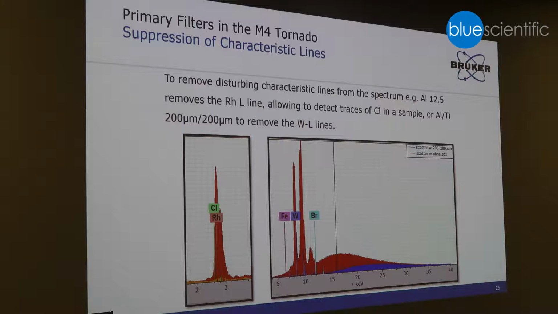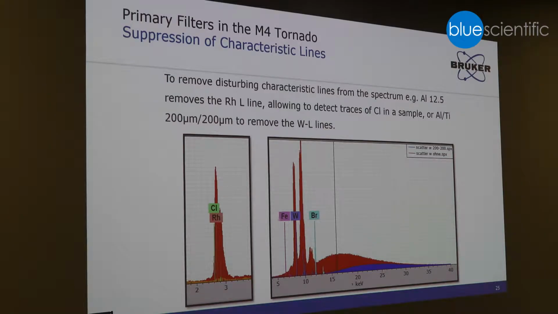So if you want to analyze chlorine, or rhodium for instance, to get rid of this primary rhodium L line peak, you use the aluminum filter. The red spectrum here is without the aluminum filter, and if you apply the aluminum filter, you see how the rhodium L line gets absorbed by it. So it's suppression of the characteristic line.